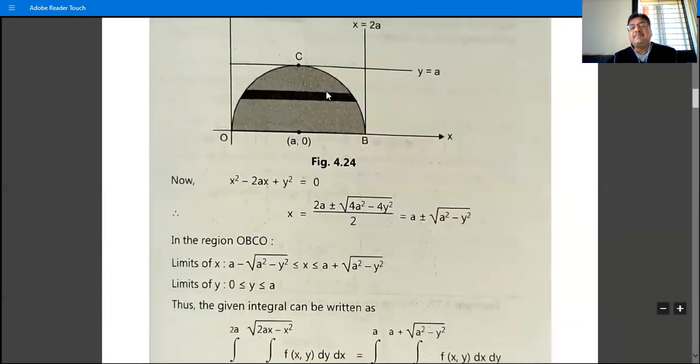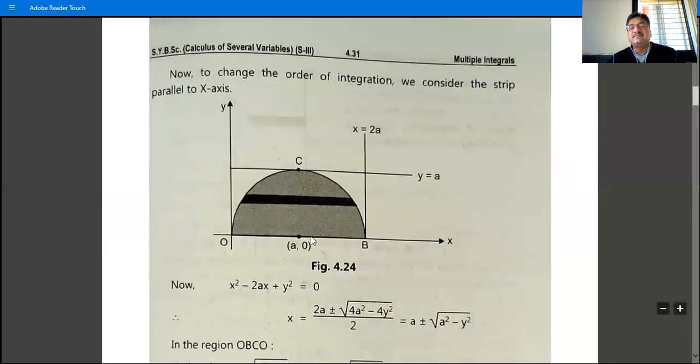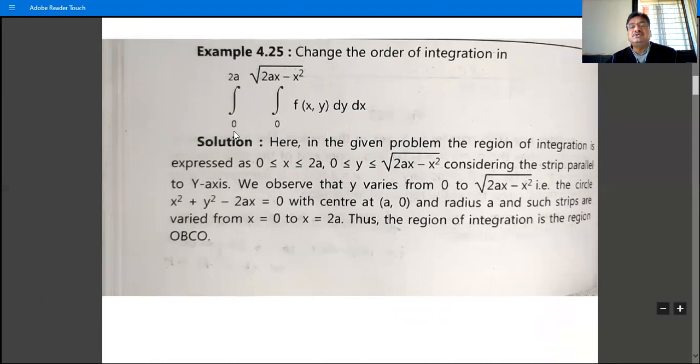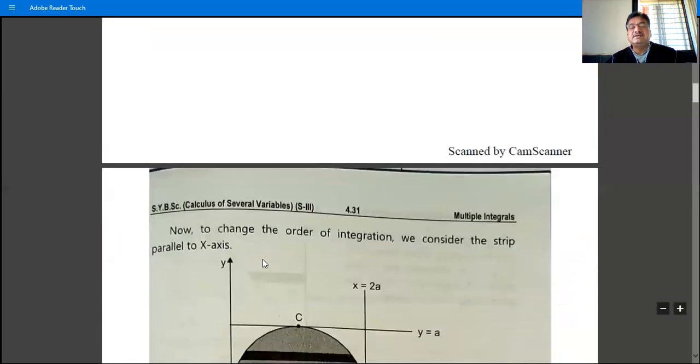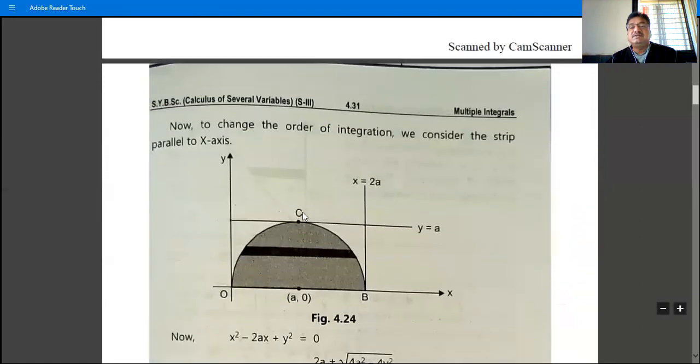So this is the half part of the circle, because y is 0 is the lower limit. x is equal to 0 means the y-axis, and x is equal to 2a is this line. So the area bounded by all these curves is this shaded portion.